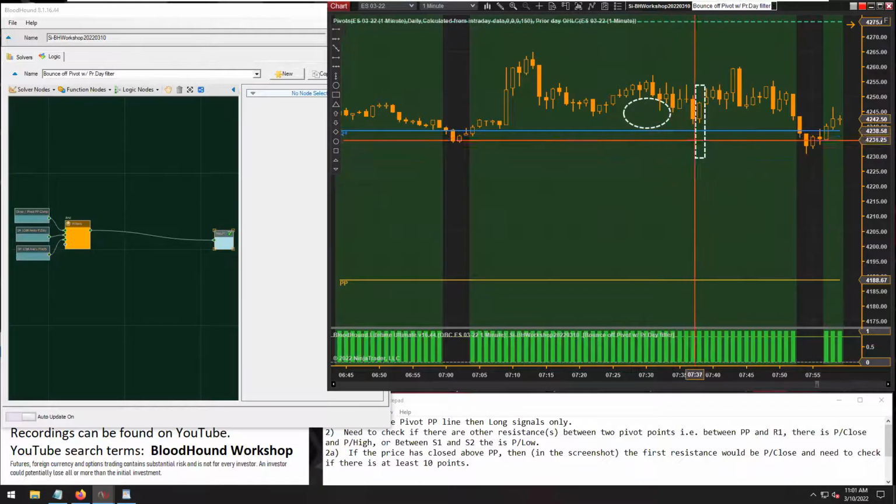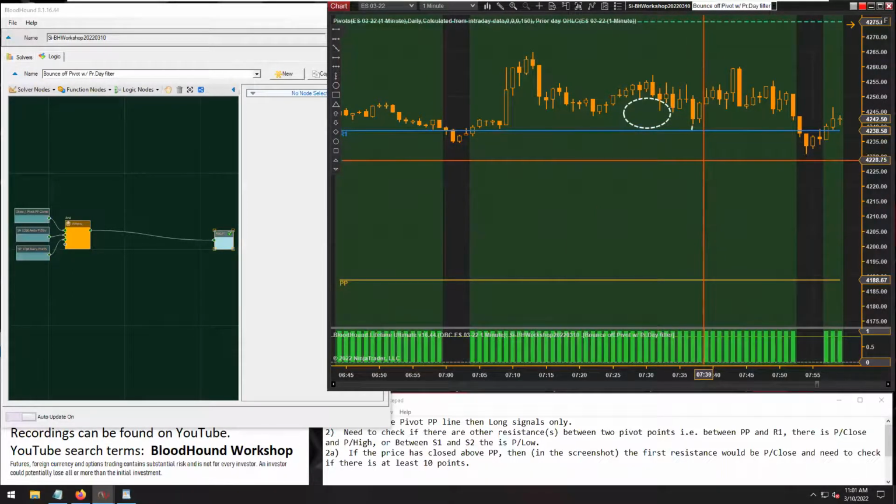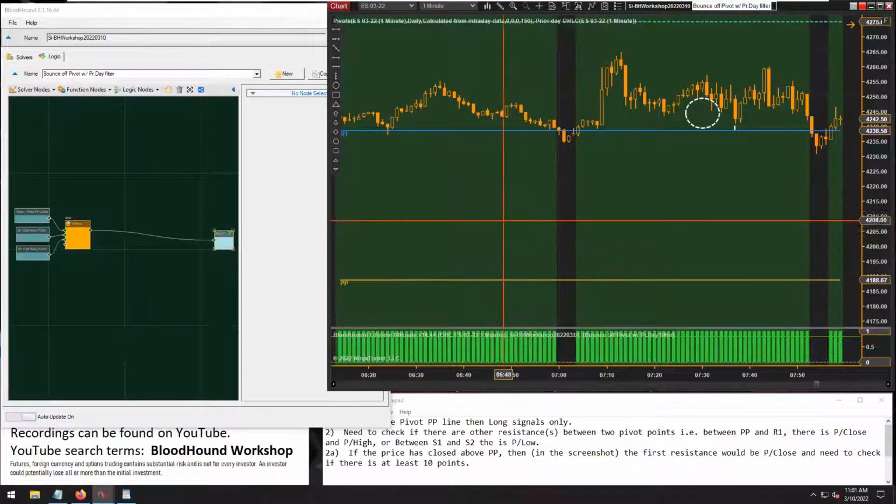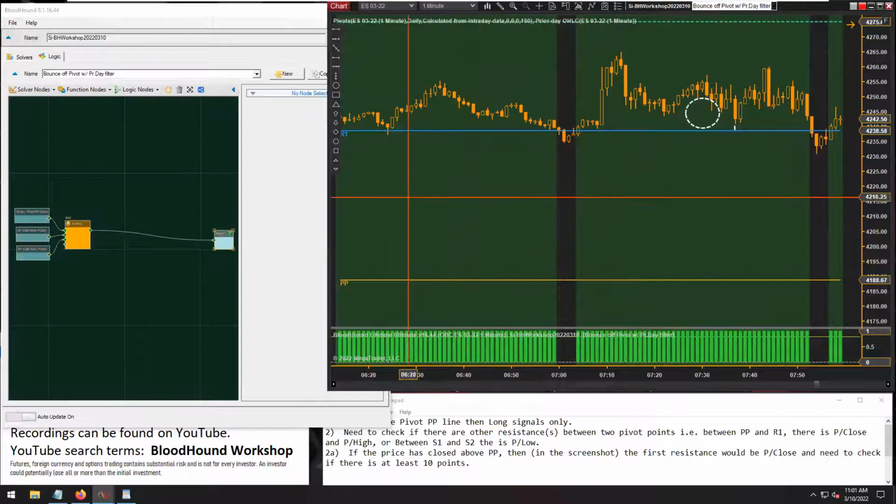So the key element is this distance right here. Did the price below that bar get close enough to be considered price coming in, touching, and bouncing off? Obviously that's very subjective. That's for you guys to determine, as traders.